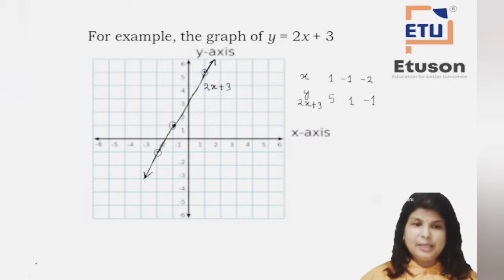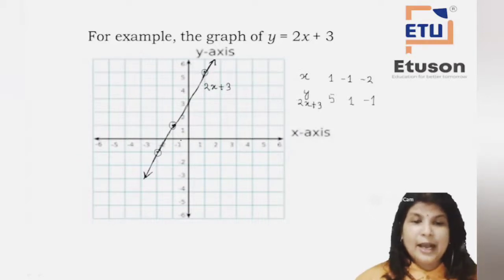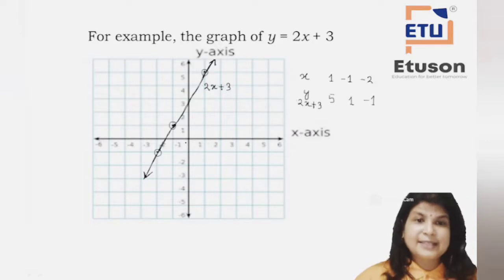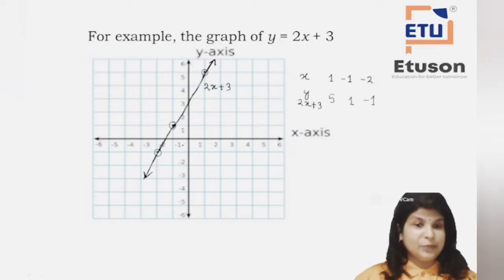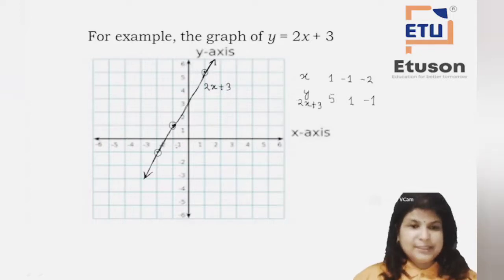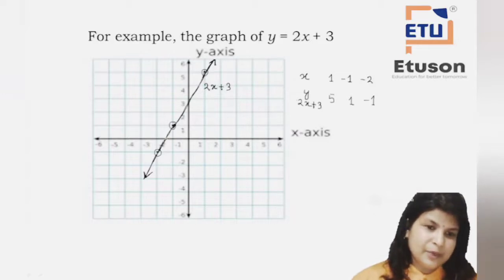That is nothing but the point at which the straight line intersects your x-axis. Can you tell me at what point the line 2x plus 3 is intersecting the x-axis? It is somewhere midway, right?